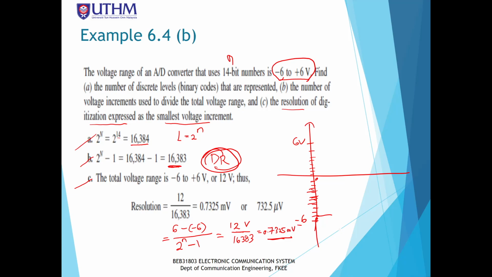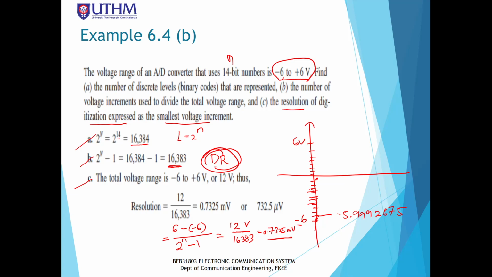So the next level would be minus 5.9992675. The next level will be at minus 5.992675 volt, and so on.